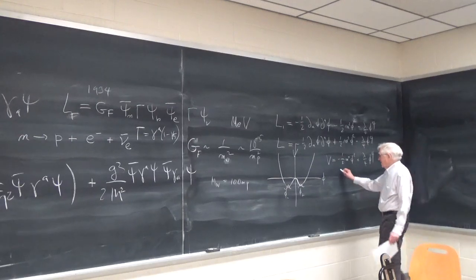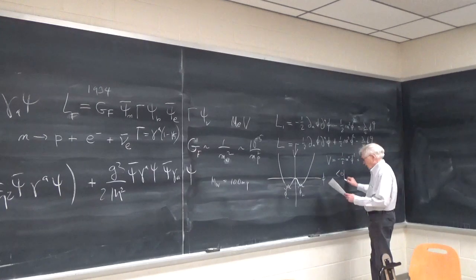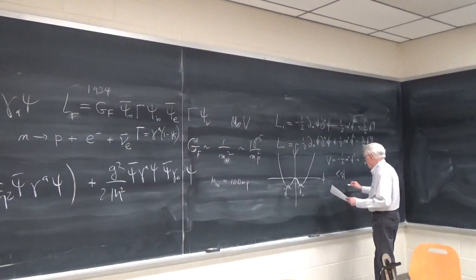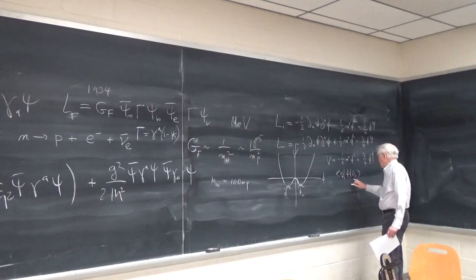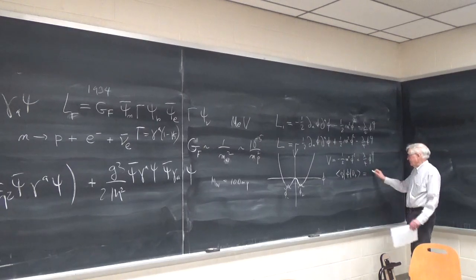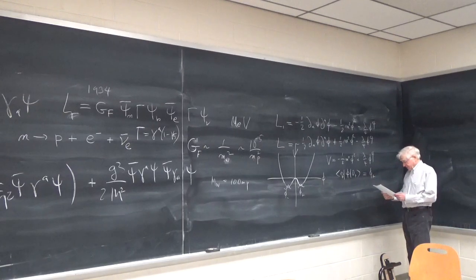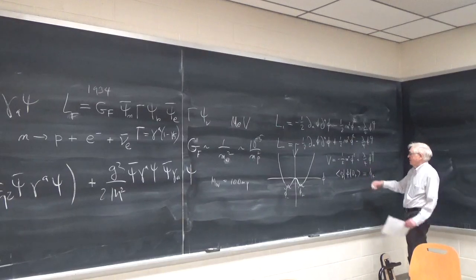And if we pick the vacuum phi plus, then that mean value will be phi plus, and this will be the minimum of this.